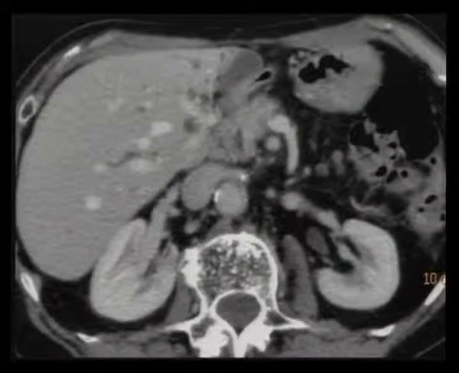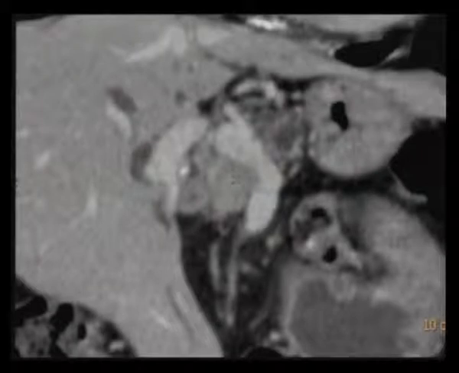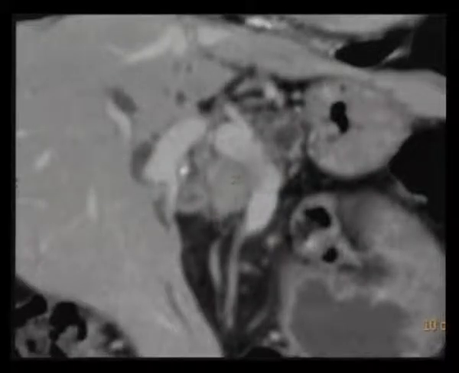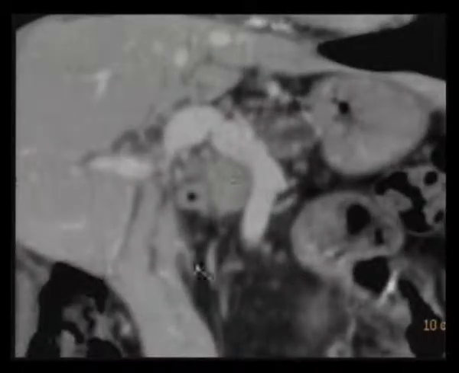And then we can do something like this. We can rotate the tumor in this way. It takes a few seconds. And we can see that between this tumor and the vessel, I don't know if you can see, but there is a thin fat plane.